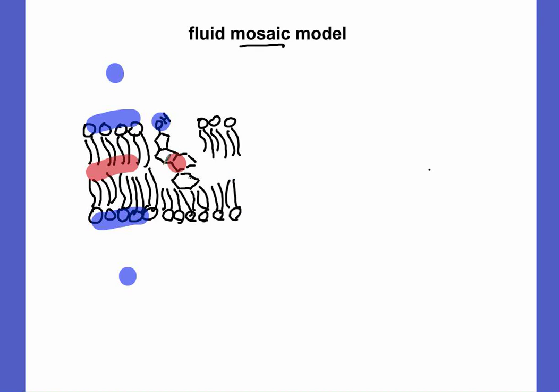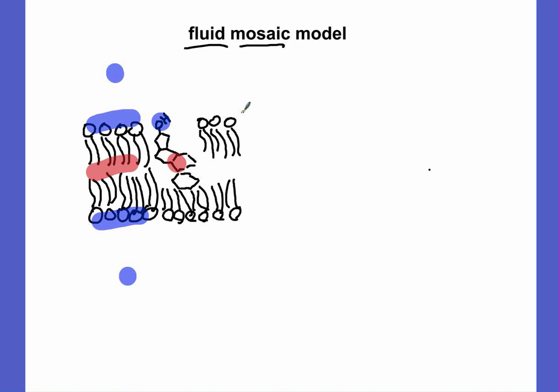Again, this nonpolar portion is in between those phospholipid tails, those fatty acid tails. And what it actually does is it makes this membrane fluid, right? When I say fluid mosaic model, I mean that all of these molecules within here can move around each other.